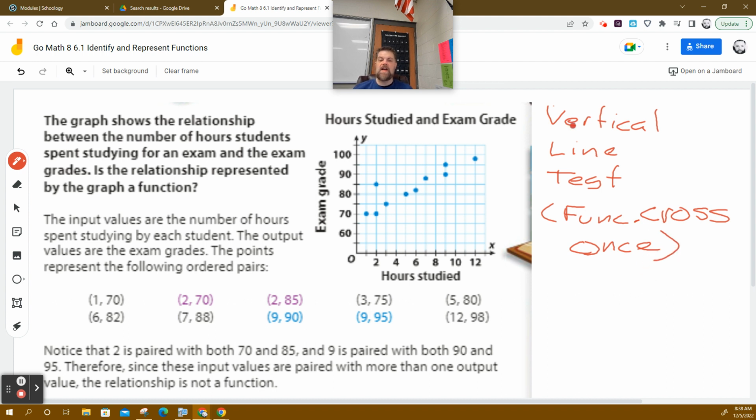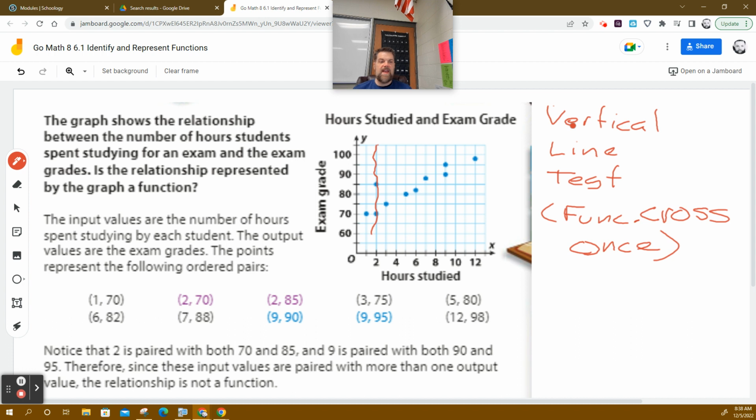So I can tell you right now, this is not a function. The way the vertical line test works is, when you have a graph, if you draw a vertical line on the graph and it crosses more than once, it is not a function. So if I draw a vertical line right along here, well, I'm doing the best I can.